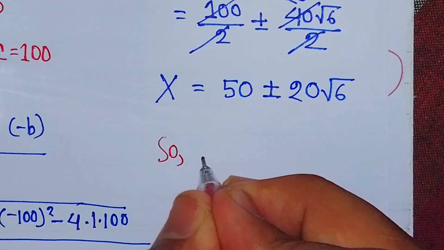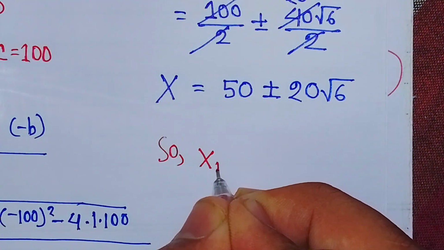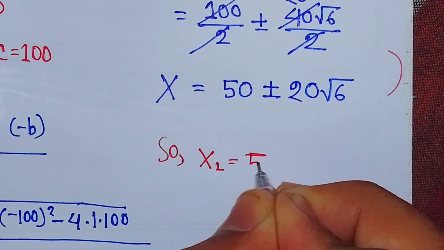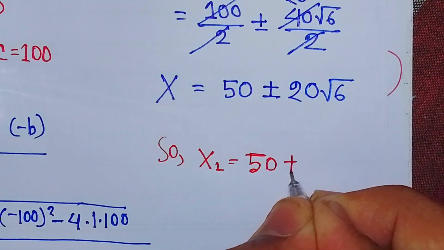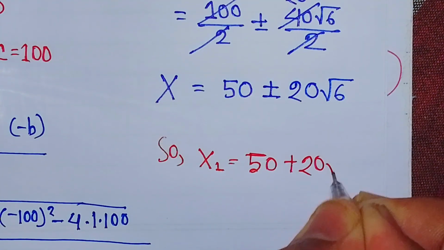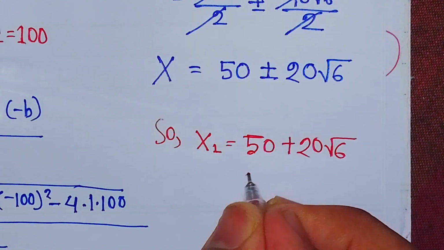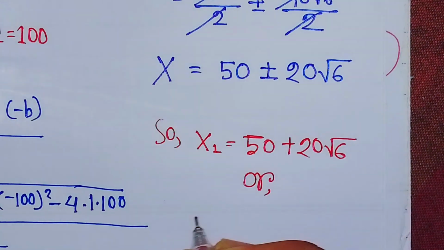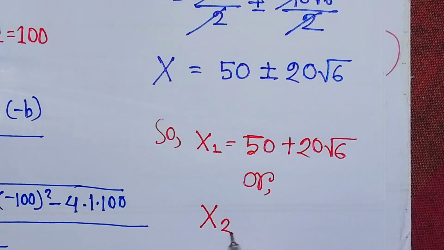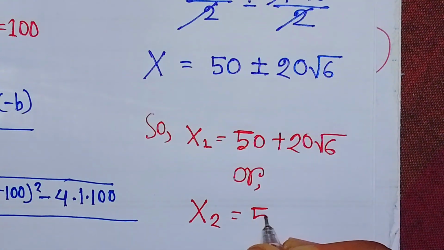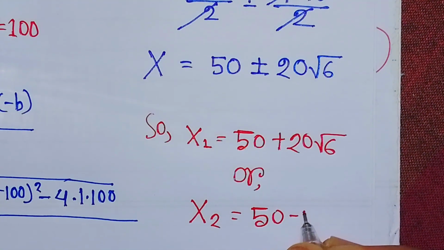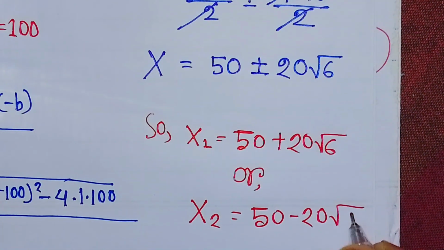So guys, we get our first equation value. The x1 is equal to 50 plus 20 root over 6, and the value of x2 is equal to 50 minus 20 root over 6.